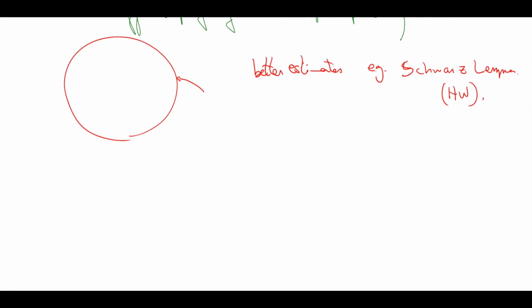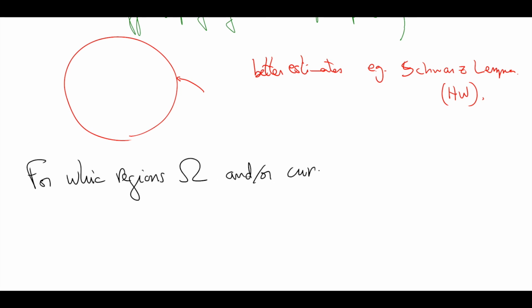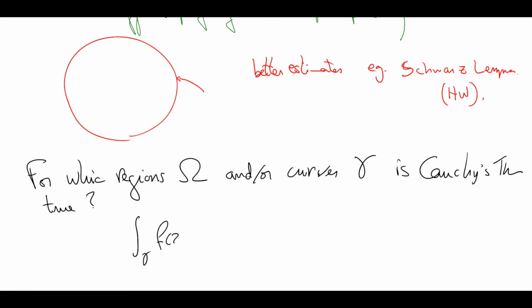Just before we finish, let me say what we're going to do starting next week: the general Cauchy theorem. We're going to try to answer the question: for which regions and/or curves or closed curves omega is Cauchy's theorem true? So when is it that we have this?